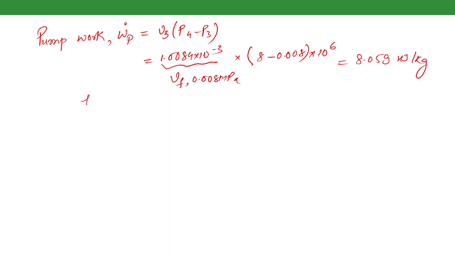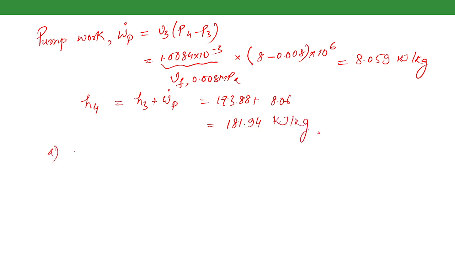Therefore, what is the enthalpy at state point 4? Enthalpy at state point 4 is h3 plus the pump work. So this is 173.88 plus 8.06, that is 181.94 kilojoule per kg. Now we have to determine the thermal efficiency. For that, we need to determine the net power developed by the cycle.